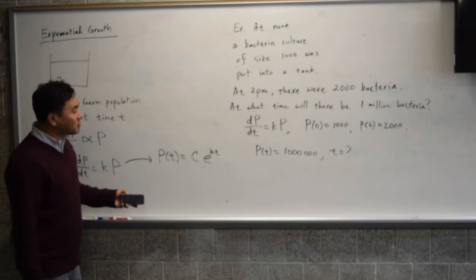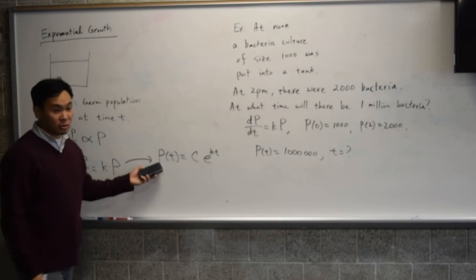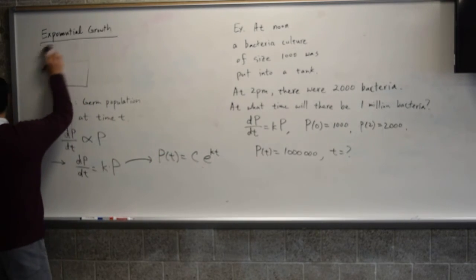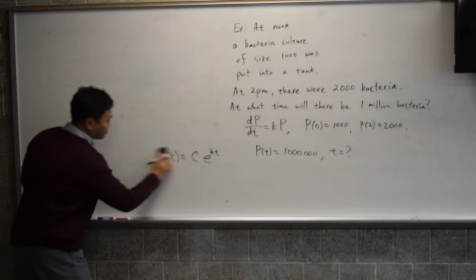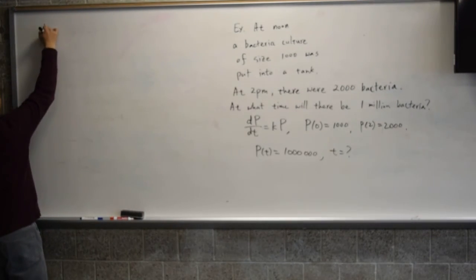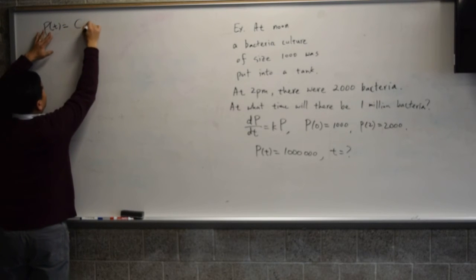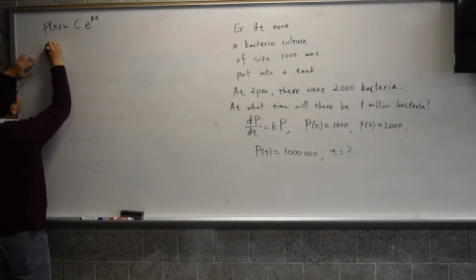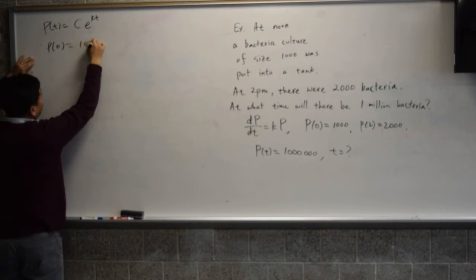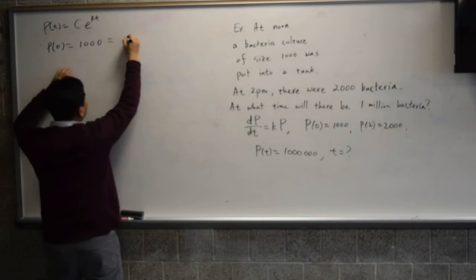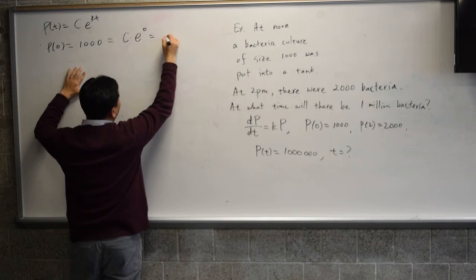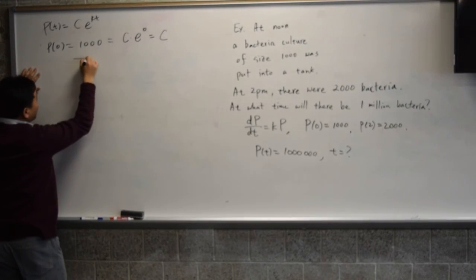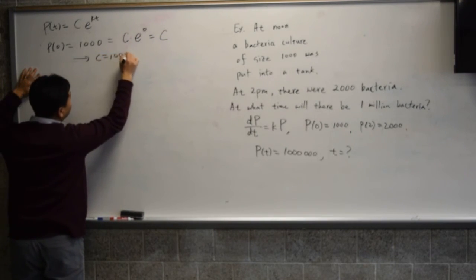All right. So we'll skip the part of solving this differential equation and just use this one. So P of t is equal to c times e to the kt. P of 0 is 1,000. If you plug in t equal to 0 here, it's c times e to the 0th power. Anything to the 0th power is 1, so you just have c. So that means c is equal to 1,000.